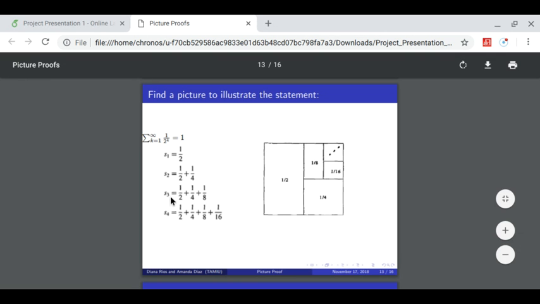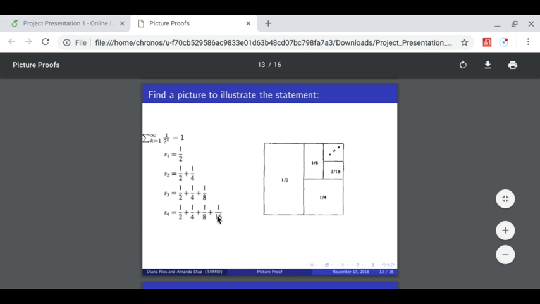Continuing, plugging in 3, it's 1 half plus 1 over 4 plus 1 over 2 to the third, which equals 1 over 8, which will now be almost completing the square. Continuing with k equal to 4, we're going to have 1 over 2 plus 1 over 4 plus 1 over 8 plus 1 over 2 to the fourth, which equals 1 over 16, which will now be this whole thing.